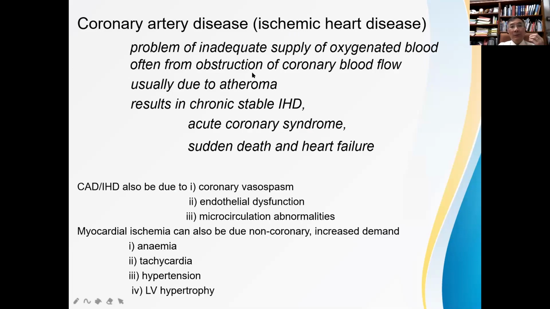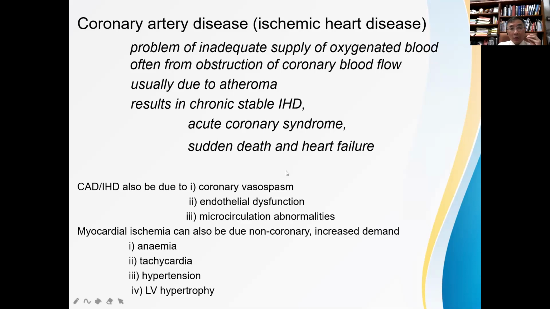It most often comes from the obstruction to coronary blood flow, and this obstruction is usually due to atheroma, a plaque of cholesterol blocking up the circulation of the coronary arteries, and this atheromatous plaque results in chronic stable ischemic heart disease, the acute coronary syndrome, sudden death, or heart failure.